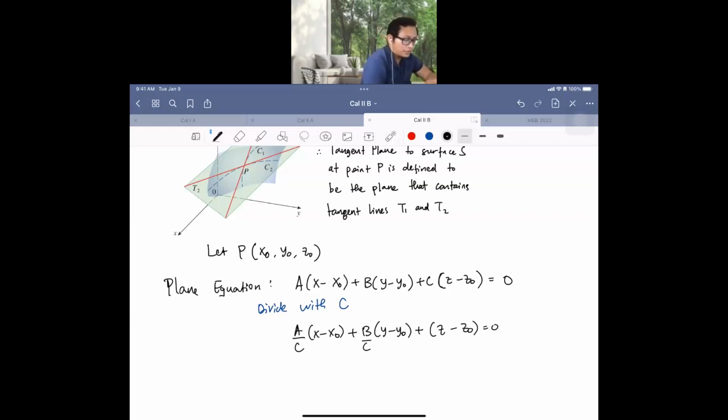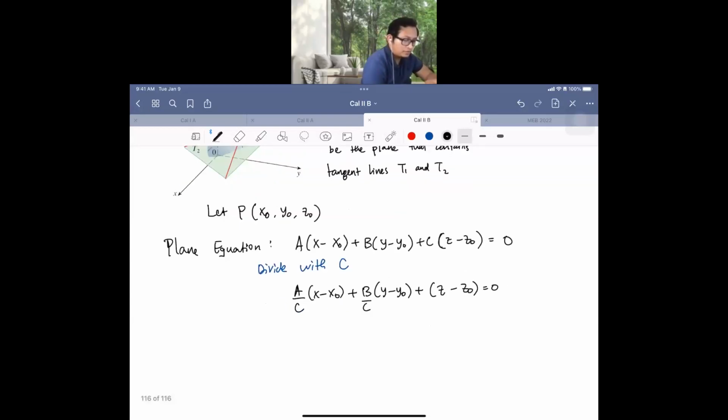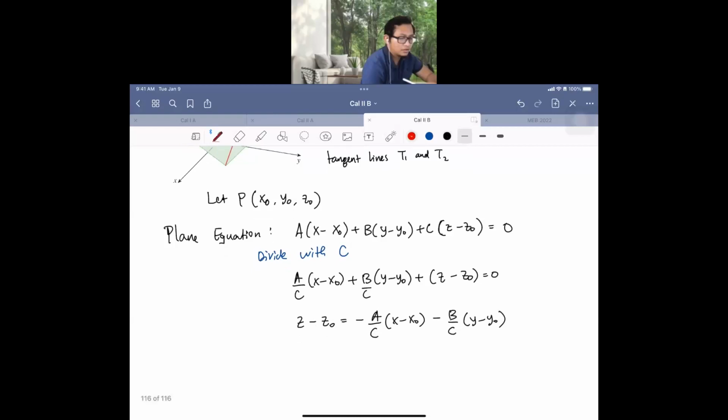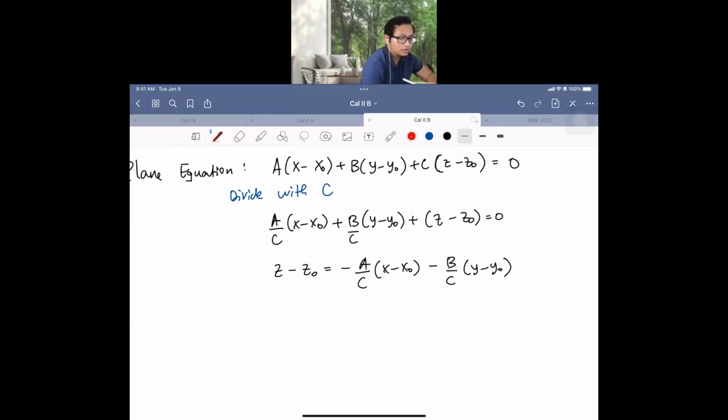Now if we write in terms of Z minus Z0, this will turn out negative A over C, negative B over C. Now negative A over C and negative B over C, let these two become A, small a, and B, small b.